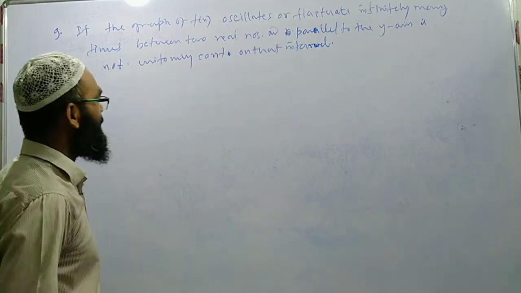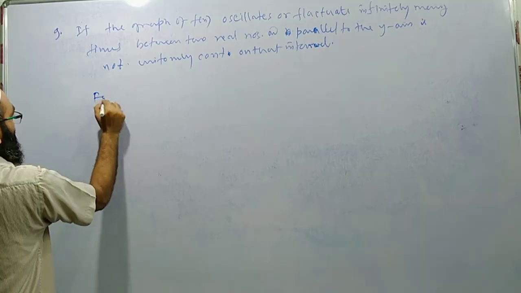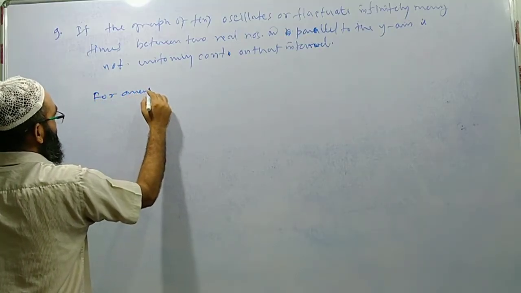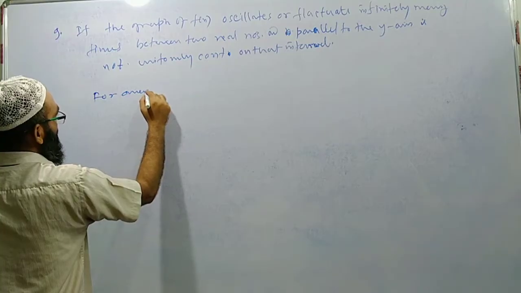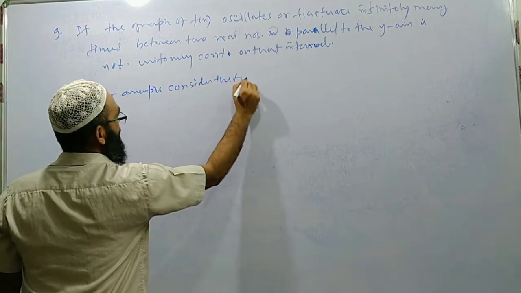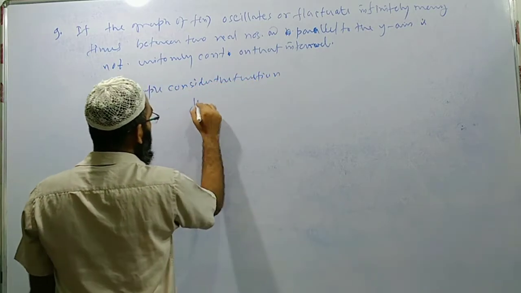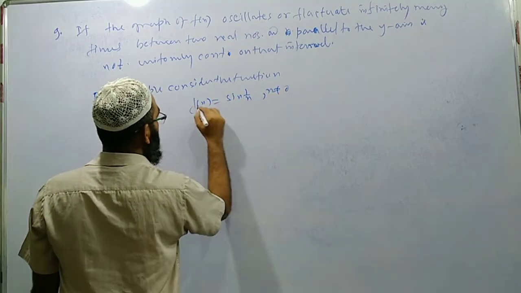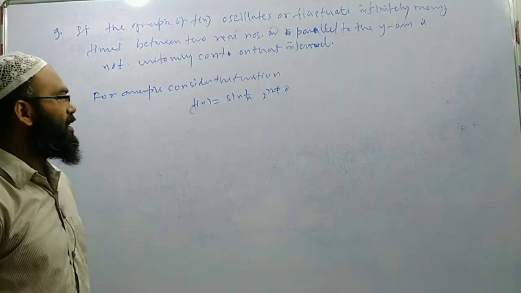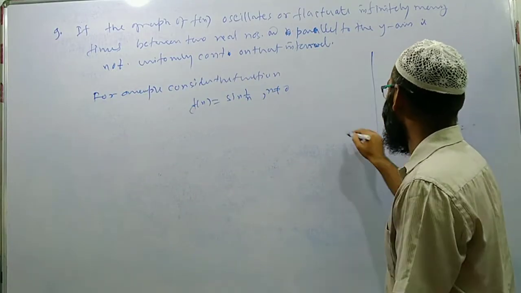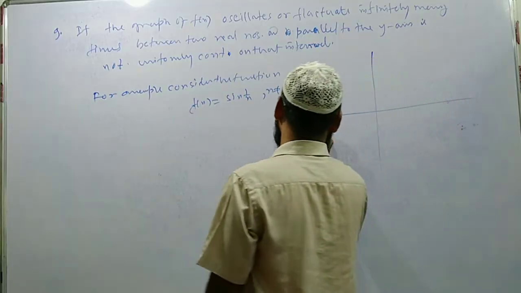For example, consider the function f(x) equal to sin 1 by x, x not equal to 0. This is also a standard function. The graph of the function is as follows.